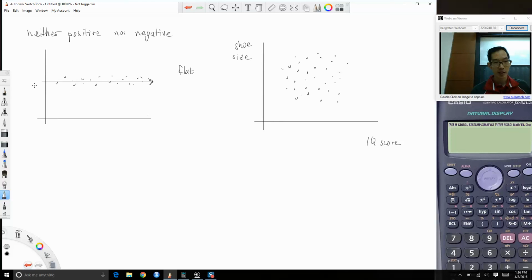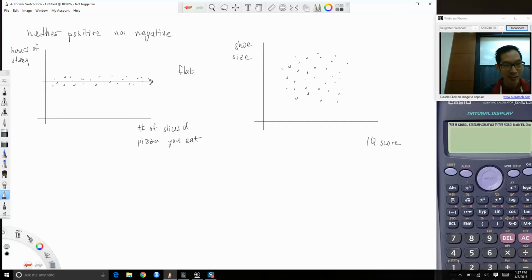Okay, something like this would be, I don't know, what would this be? Number of slices of pizza you eat versus, I don't know, something that's going to remain relatively constant, hours of sleep.